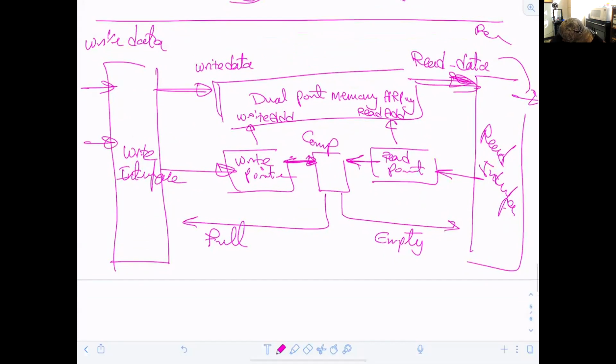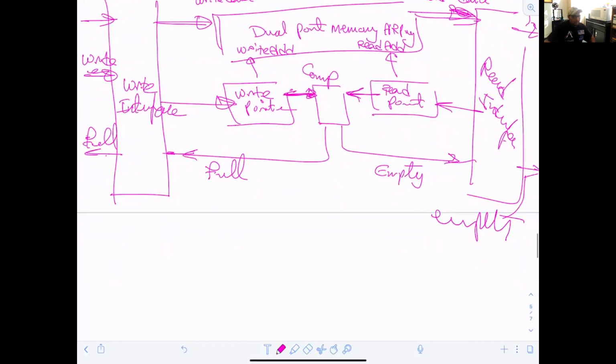And then you have here the write enable. And you can take this out to be the official full, and extend this out to be the official empty. So this is basically the way of describing what we're going to write as Verilog code.